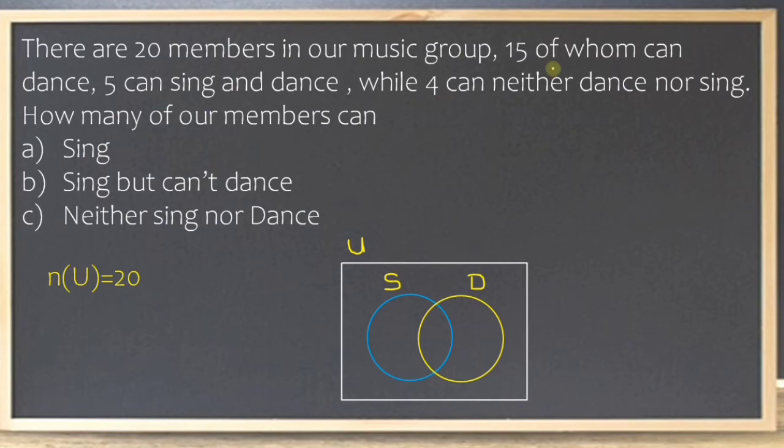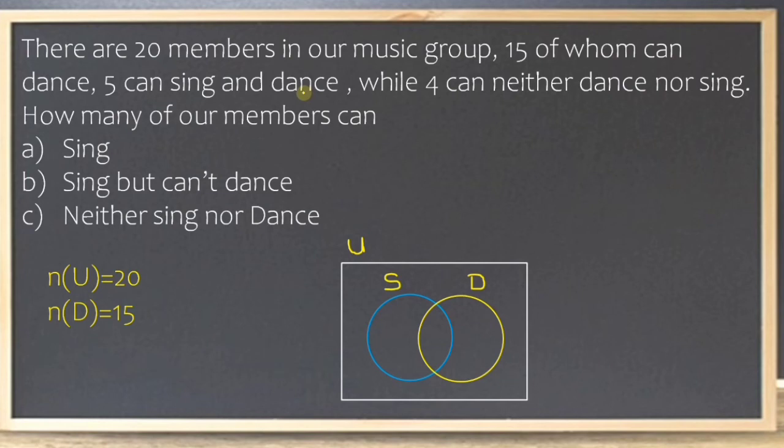Then 15 of whom can dance, so the number of members in the dancing group is 15. And 5 can sing and dance. So these 5 are in the set of singing, and they are also in the set of dancing.